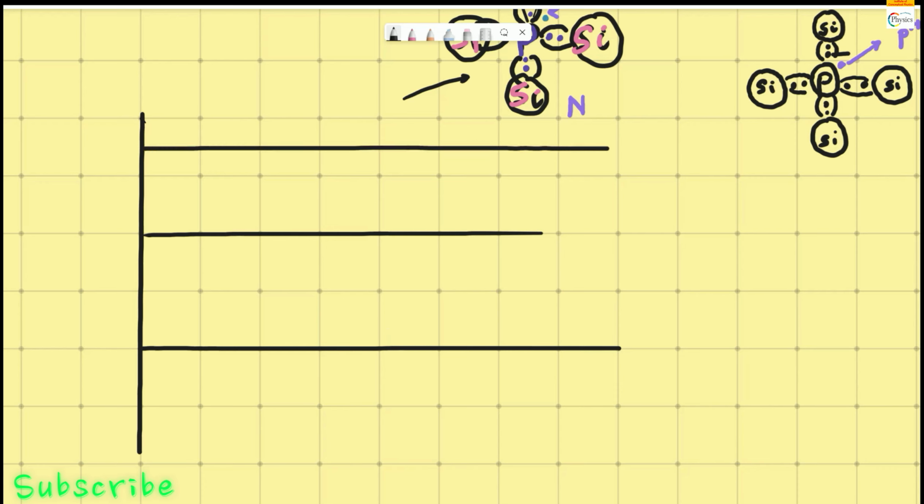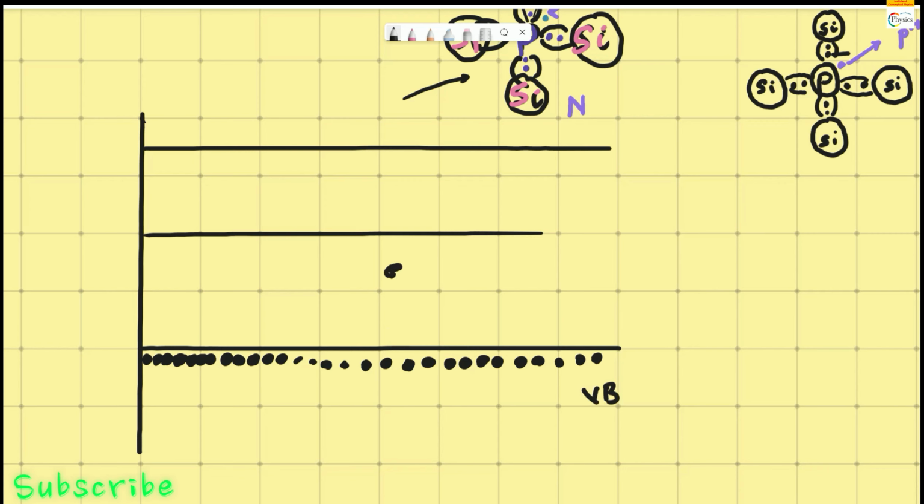All the electrons generally are in the valence band, so I will draw the electrons in the valence band. This is your valence band.